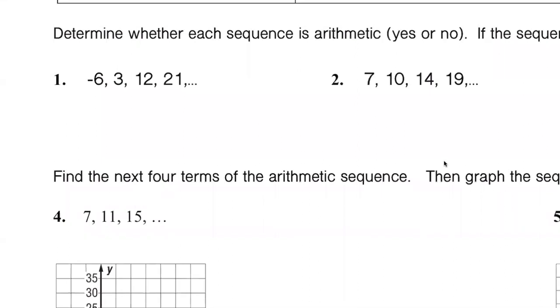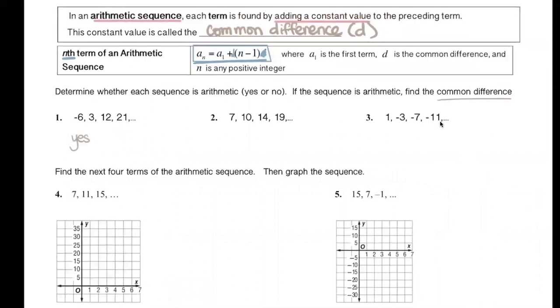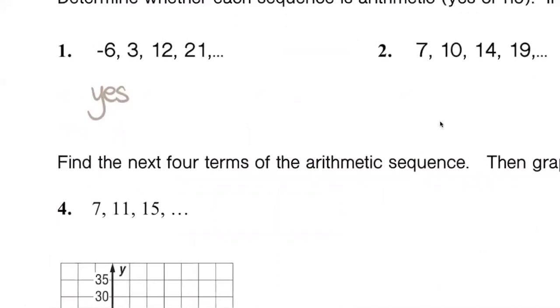Nice, guys. Awesome. So yeah, you guys got it. This is yes, it's an arithmetic sequence. And because it's yes, they want us to find the common difference. So what is the common difference for number 1? Put that in the chat.